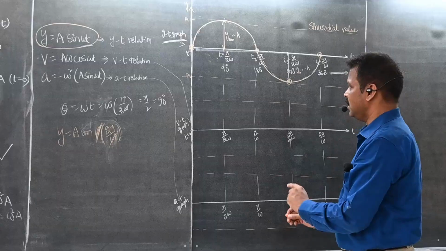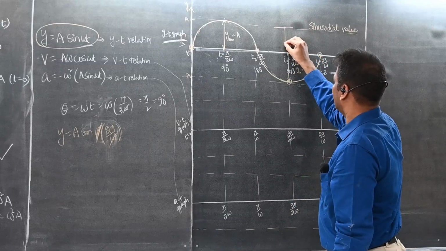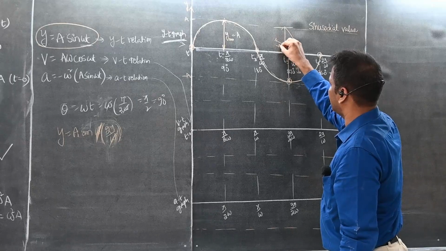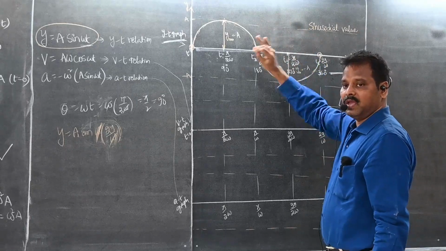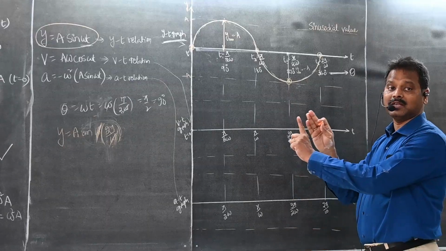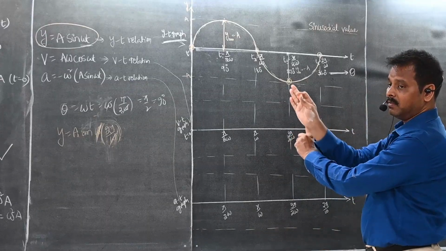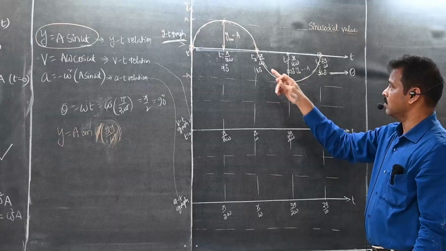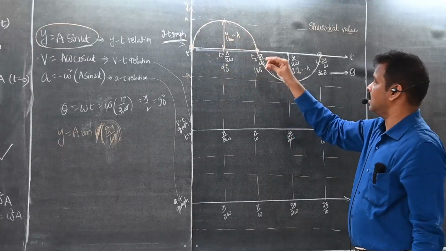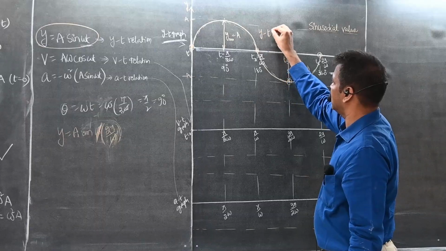What is meant by plus a? If it is the pendulum, this side is plus a, this side is minus a. So displacement will be in opposite directions. Amplitude will be the maximum displacement on the right side and the maximum displacement on the left side. Both are equal, plus a and minus a. What is the name of this graph? Y-t graph.